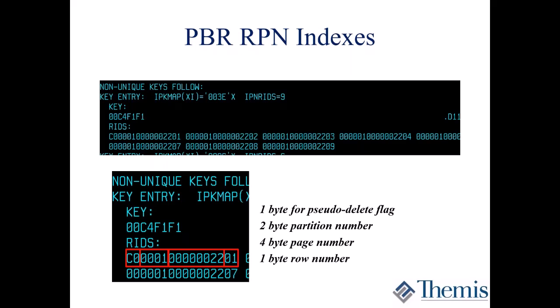The next 2 bytes are the partition number. So these are in partition 2 actually, which in hex is 1, right? Because there's a 0. The next 4 bytes are the page number, and the final byte is the row number on the page. So this is the way the indexes are laid out now, with the 7-byte RID instead of the previous 5-byte RID. And you got the extra byte to the left for pseudo deletes.